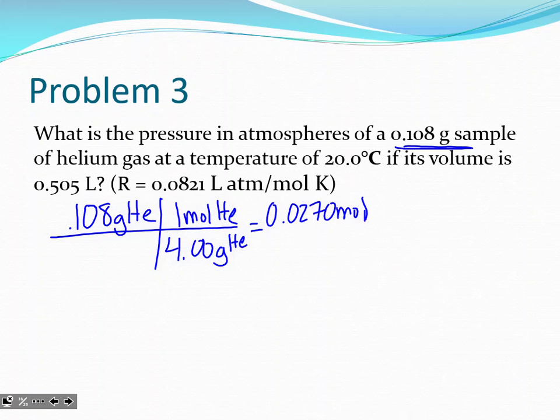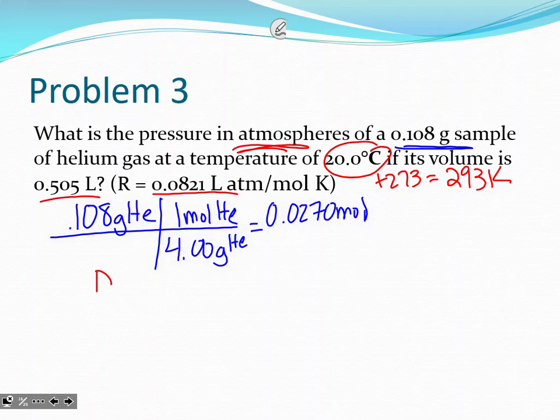The only other thing here that I have to change, look what they gave me here. I have to add 273 to it and get 293 K. Then I can set it up because everything else I have in liters. They even gave me the correct R value to go with atmospheres. PV equals nRT. So we're looking for pressure. We have the volume.